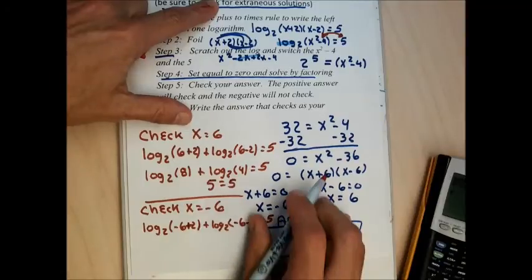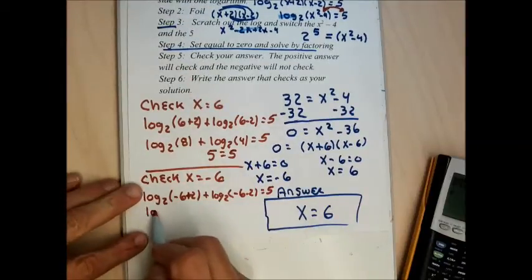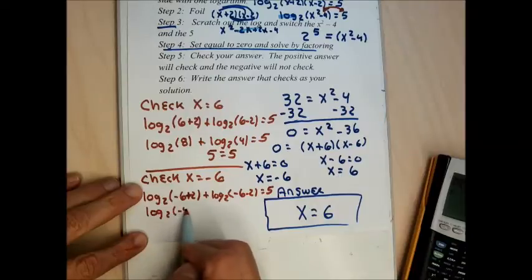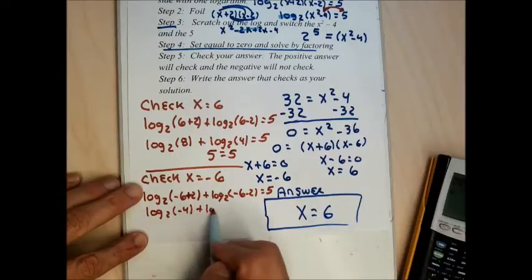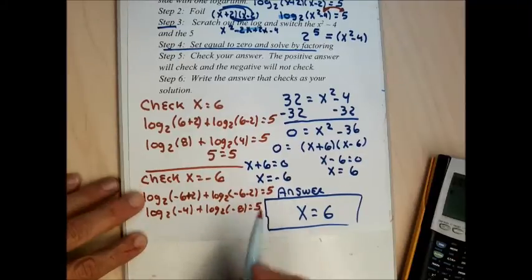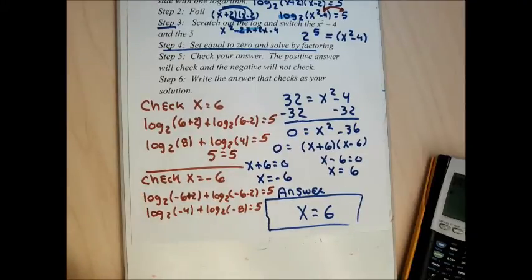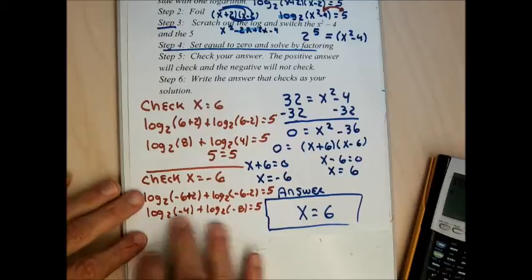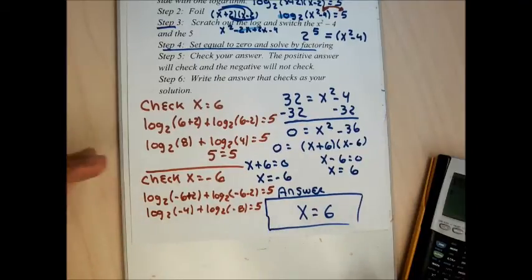That's supposed to equal 5. This would simplify to the log base 2 of negative 4 plus the log base 2 of negative 8 equals 5. And logarithms of negative numbers give i's, so the left-hand side is going to have an i and the right-hand side is going to be 5, and an i can't equal a 5.